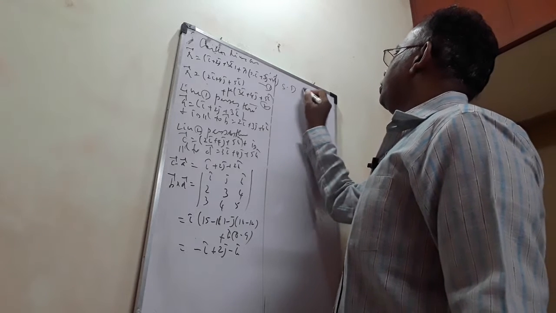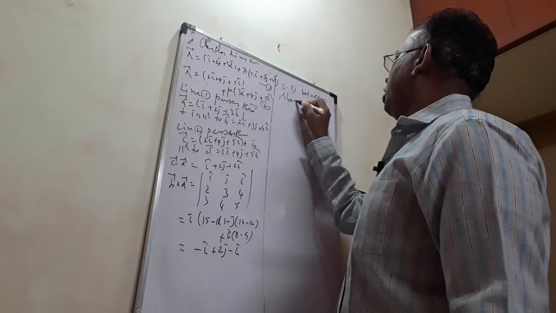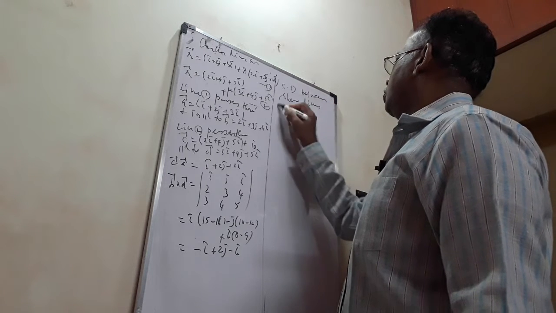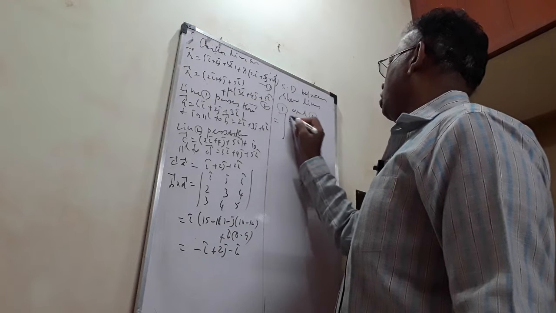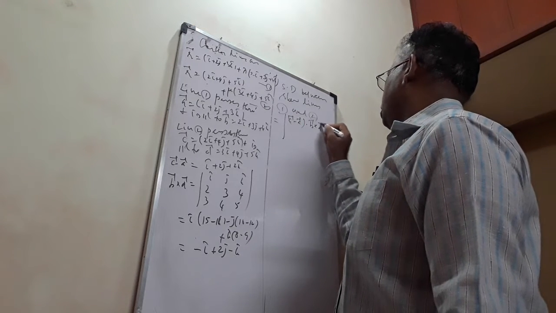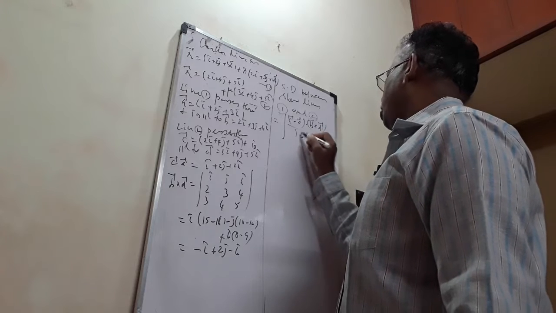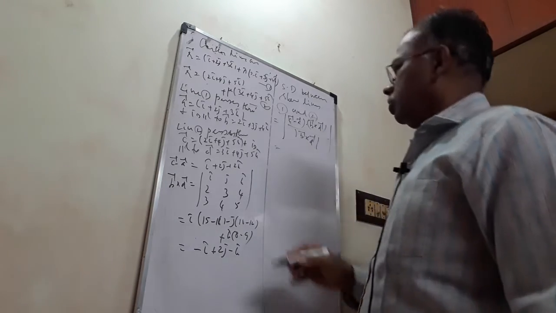Now the shortest distance between skew lines 1 and 2 is equal to the modulus of (C minus A) dot (B cross D), divided by mod of B cross D. That is the application.